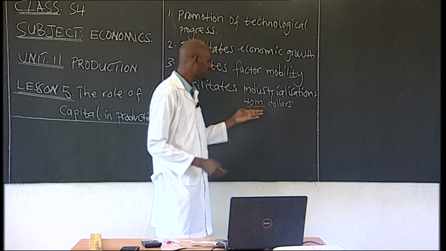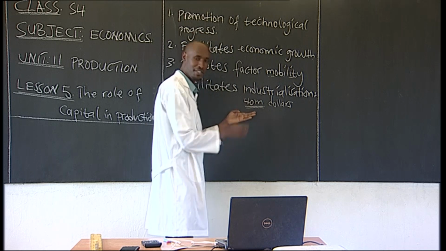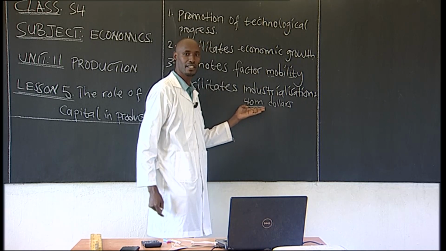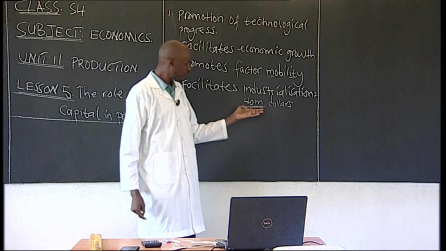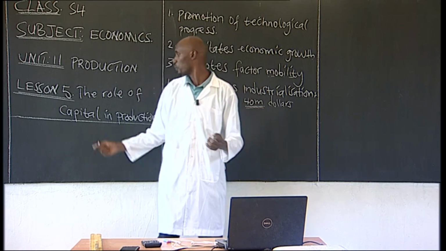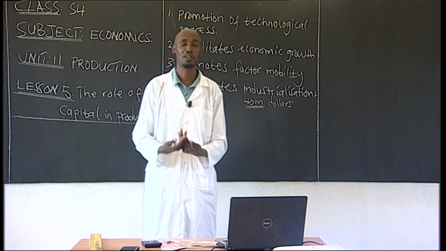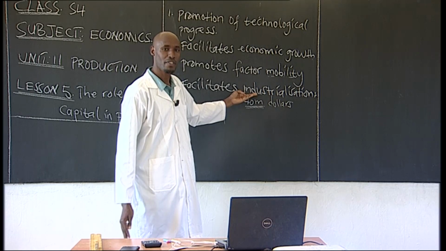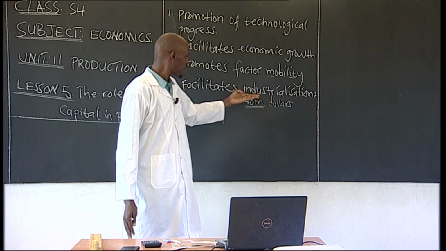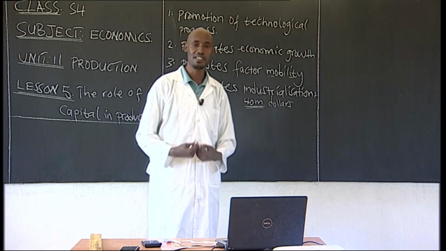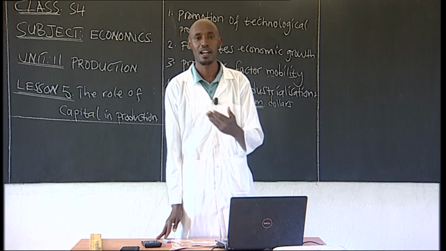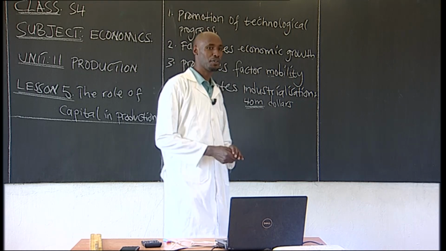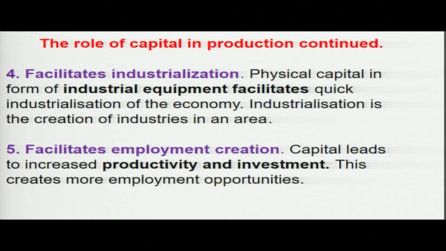We may fail if we fail to raise this much, because this is under liquid capital. If we fail to get this much, which is capital, then we shall not start up any industry. Industrialization, to take place, means you have to be with capital. Good. Let's continue.